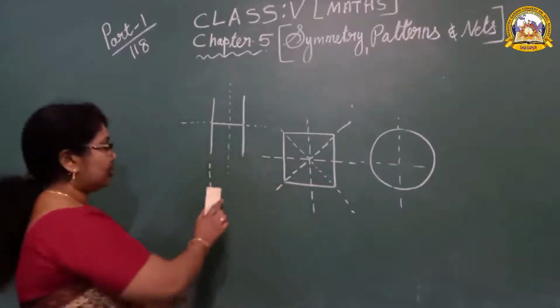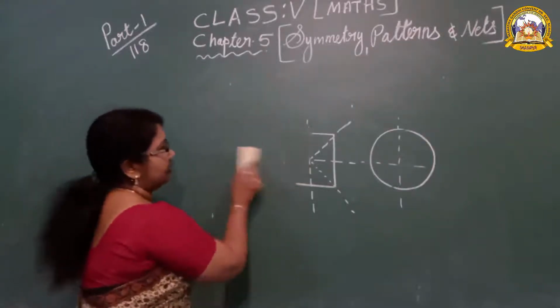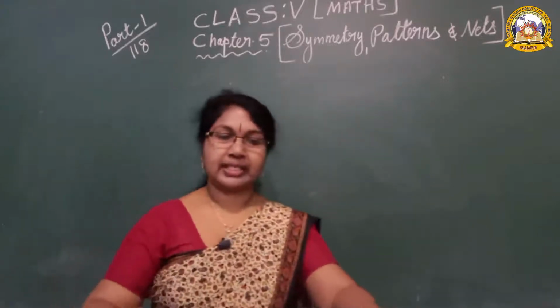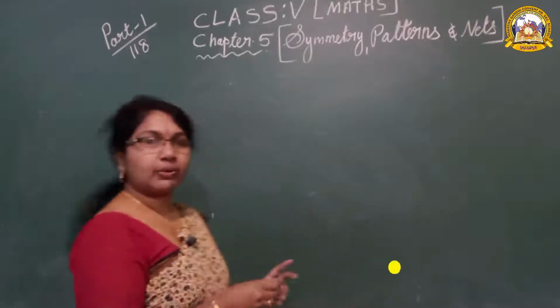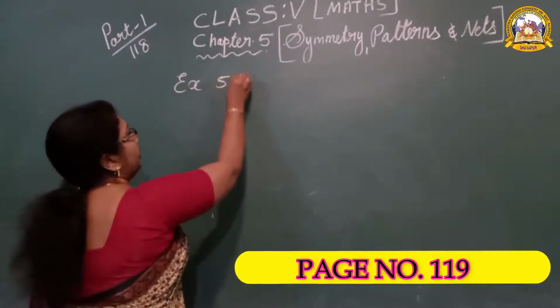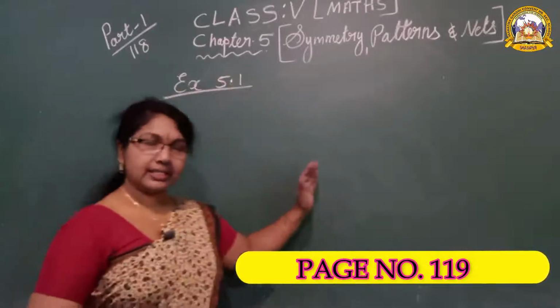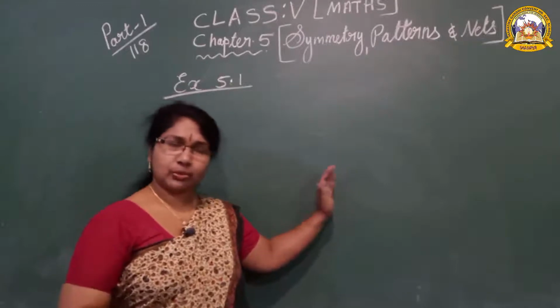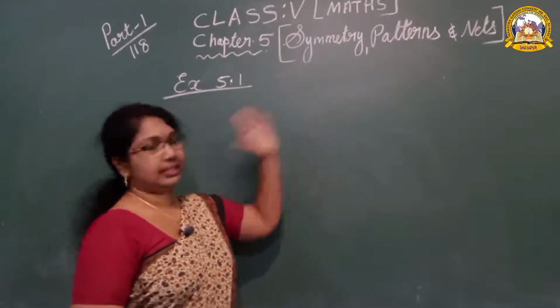Now we are going to start the exercise. Yes. Look at exercise 5.1, page number 190. Students, you can do all these exercises in the book only. No need to write in the CW, it is just for you to understand what symmetry means.